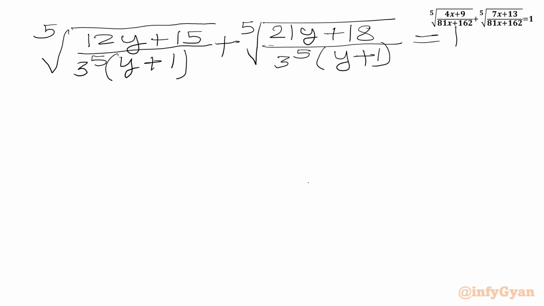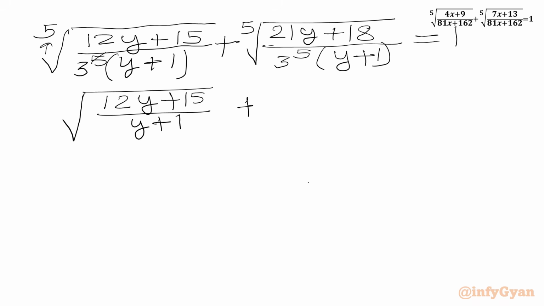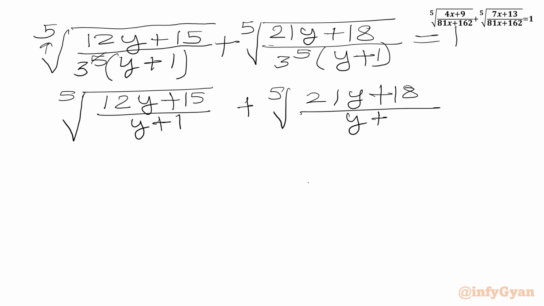equal to 1. Now we will multiply by 3 both sides, because this fifth power and this fifth root will get over. So I can write our equation 12y plus 15 over y plus 1 plus fifth root of 21y plus 18 over y plus 1 equal to 1.